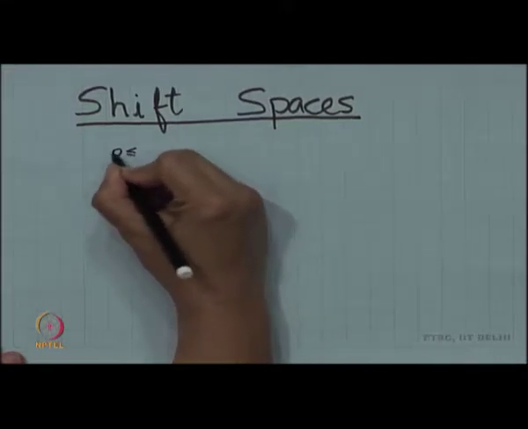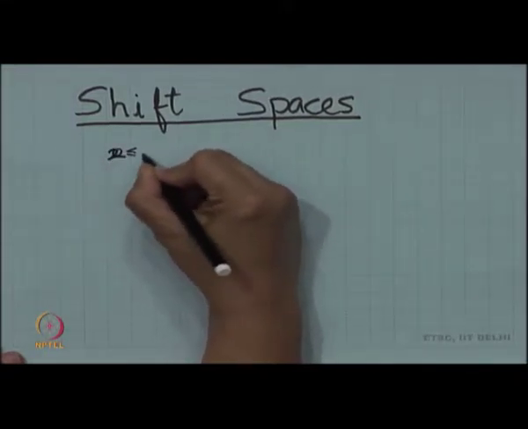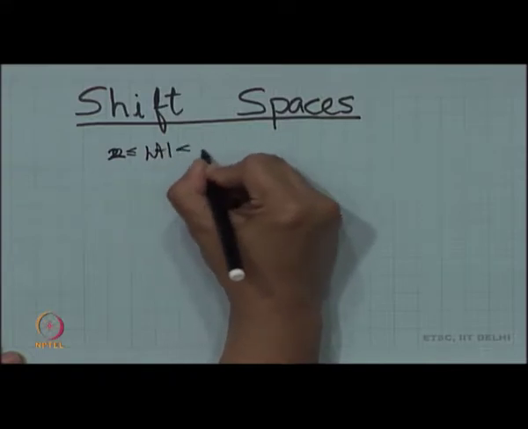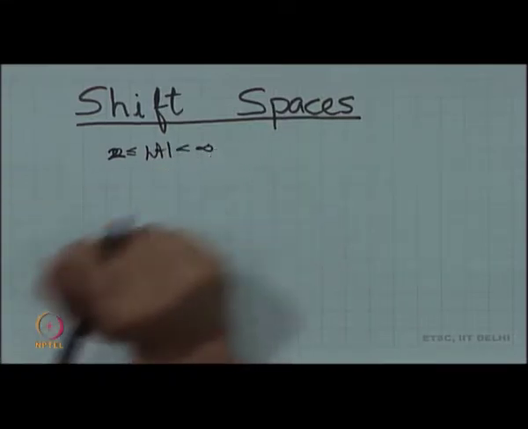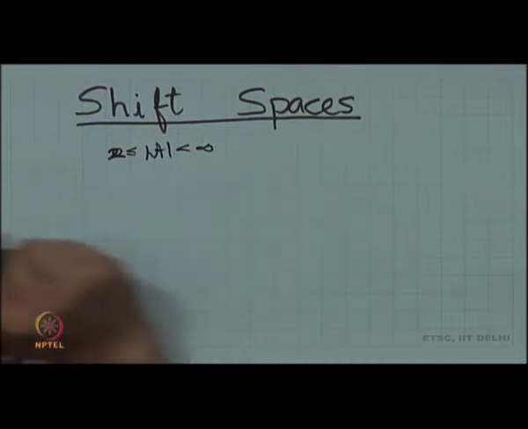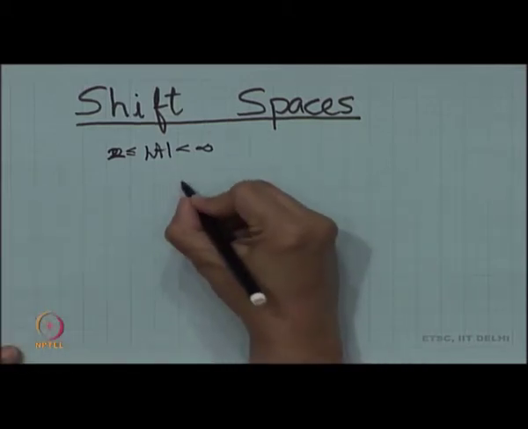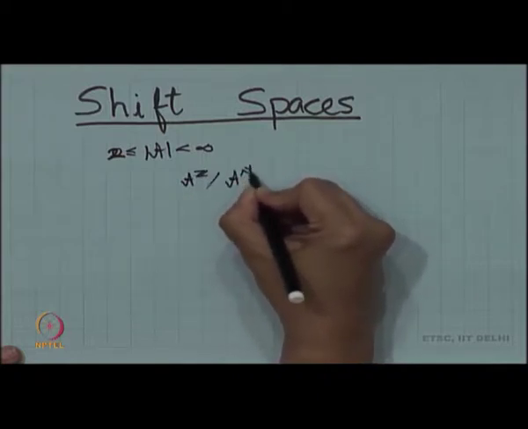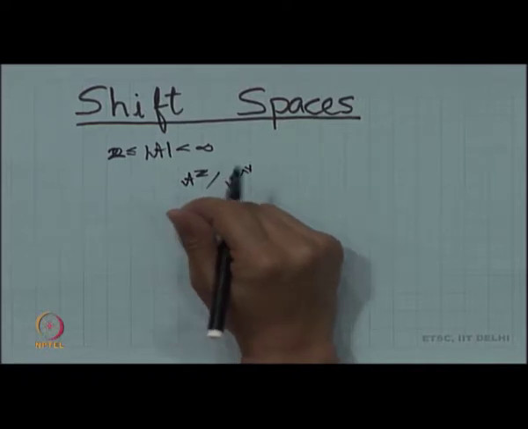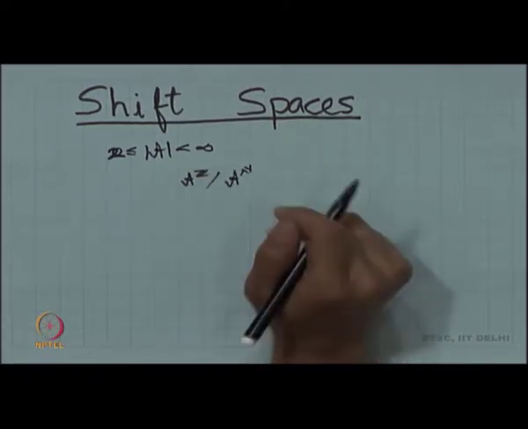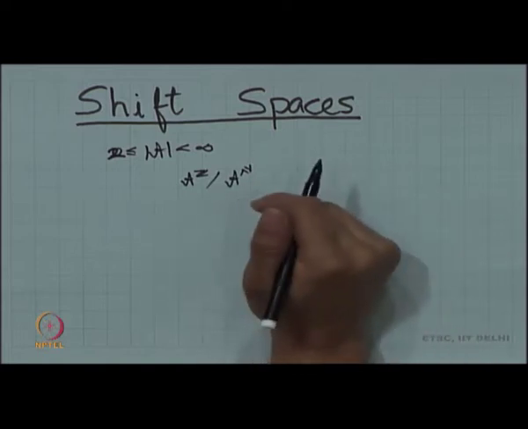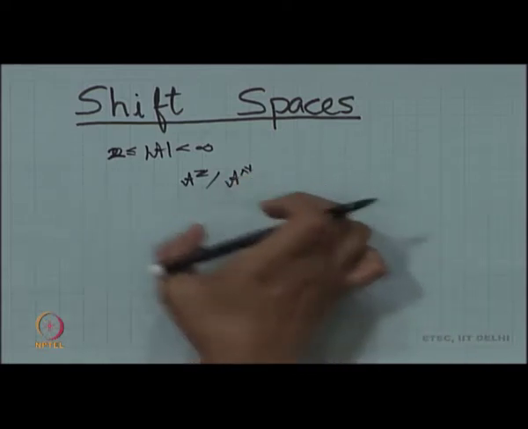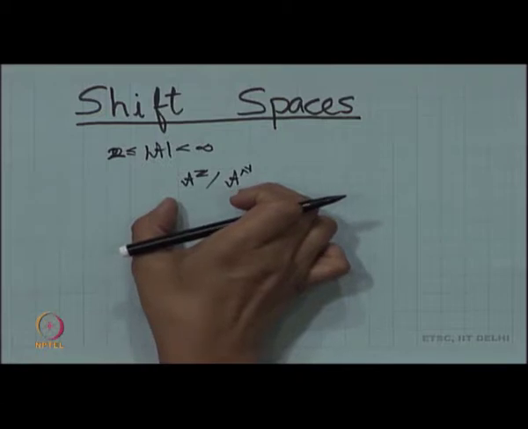What we had looked into was that if you start with, say, a finite alphabet set A such that 2 ≤ |A| < ∞, that is, it has at least 2 elements, then A^Z or A^N, the set of all bisequences with letters from A, and the set of infinite sequences, gives a compact metric space.